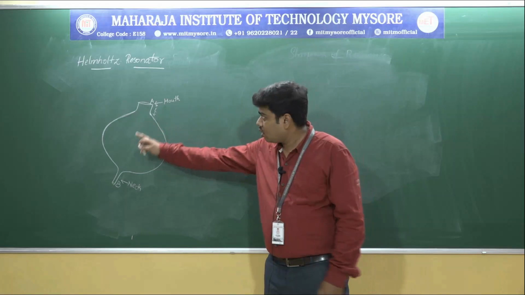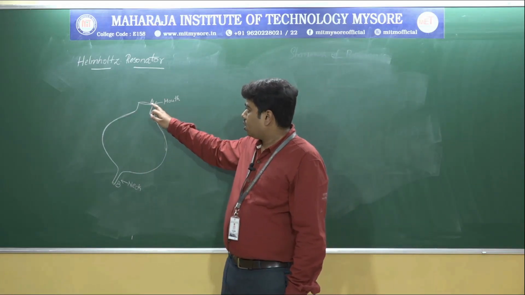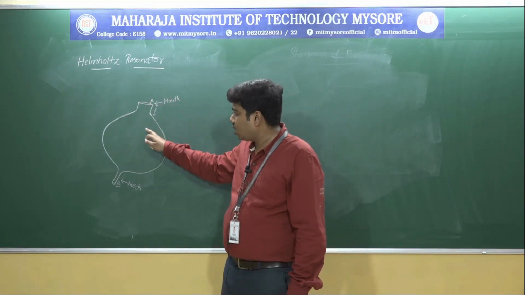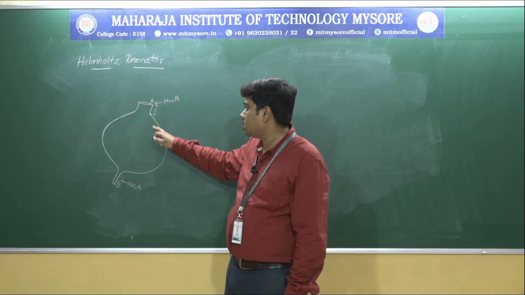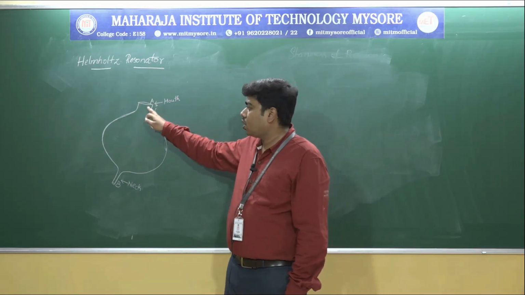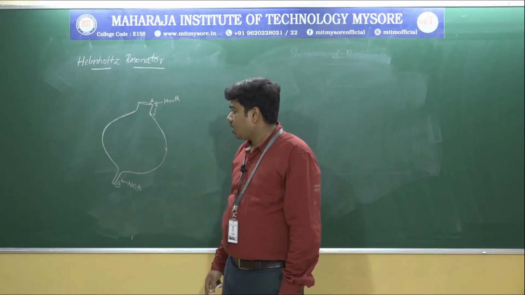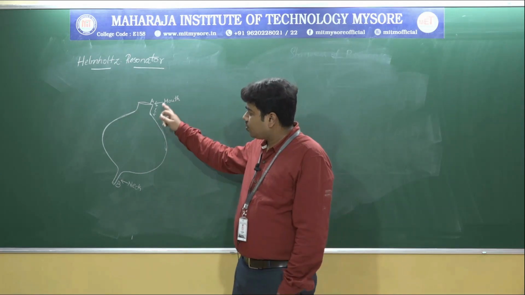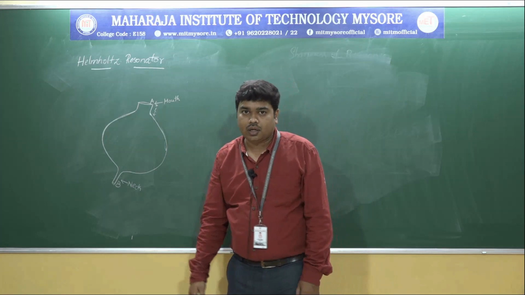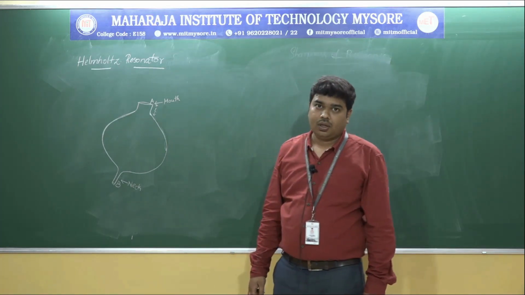So here in the particular Helmholtz resonator, the musical notes are sent into this hollow cylindrical Helmholtz resonator through the mouth or the opening A, which has length L, and these musical notes keep on vibrating inside the hollow Helmholtz resonator.